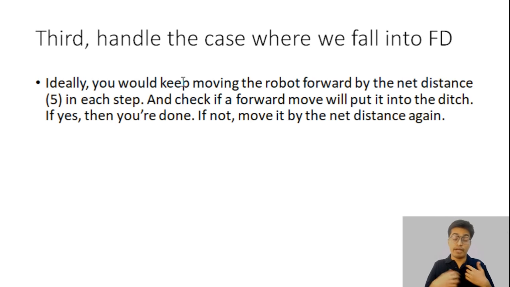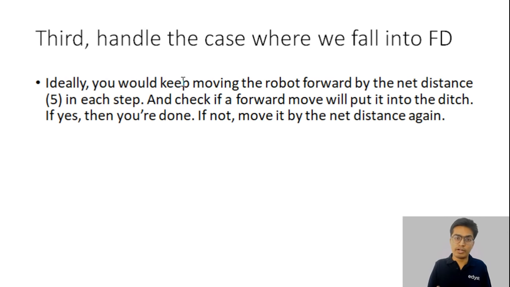So my robot, I'm first going to move it by 5, because I know that my front ditch is bigger than my front step, which means it's going to go front, then back, and then front, and then back again. So I'm going to move 5 units.